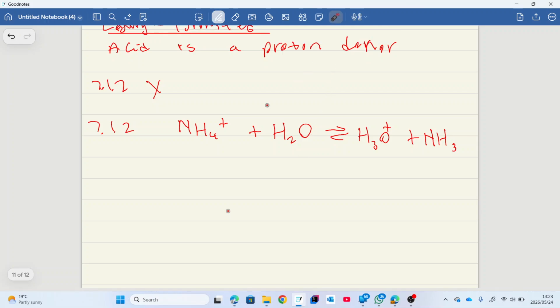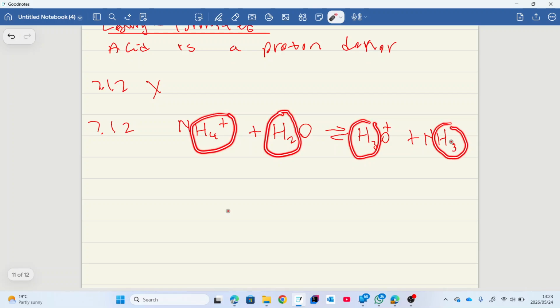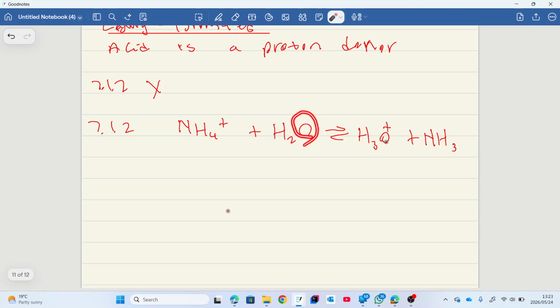Now, let us check if it's balanced. 1, 4 plus 2, which is 6. 3 plus 3, which is 6. Okay. And do I have to put it in that order? What if I switch the hydronium and the NH3?